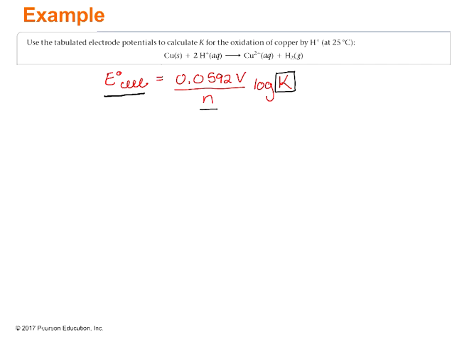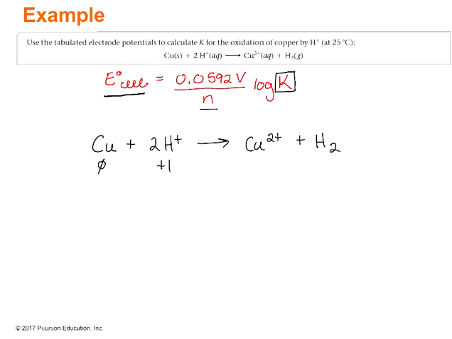Okay, so let's write out our half reactions. So first, let's determine the oxidation numbers for each of our reactants and products. Okay, so copper initially is pure. It's in its elemental form. So that has an oxidation number of 0. Hydrogen ions have an oxidation number of +1.